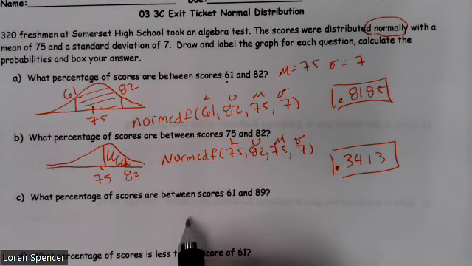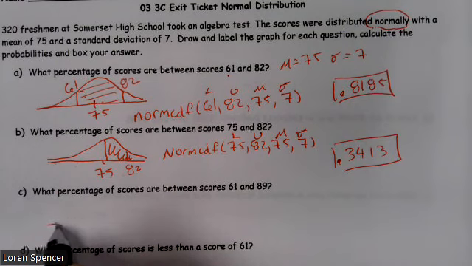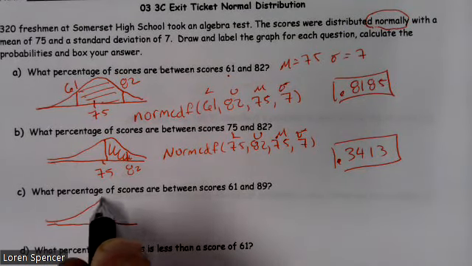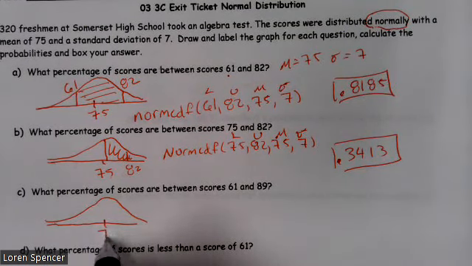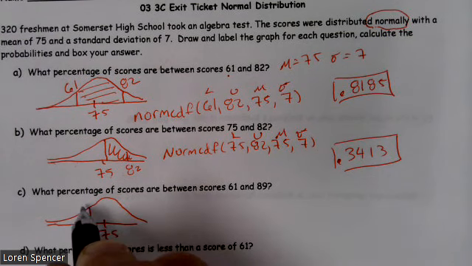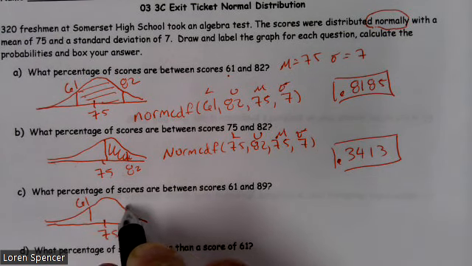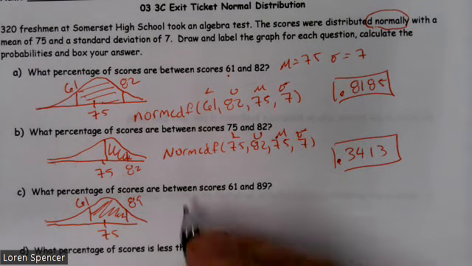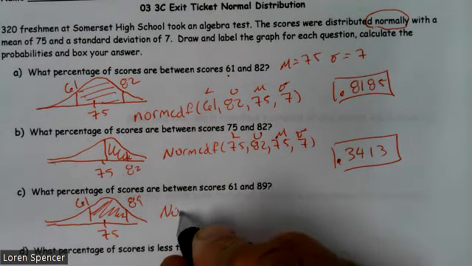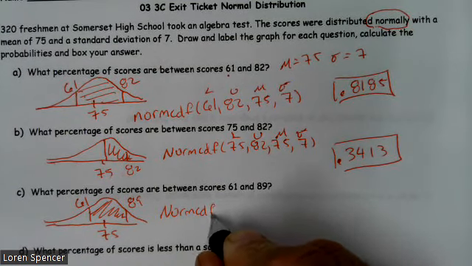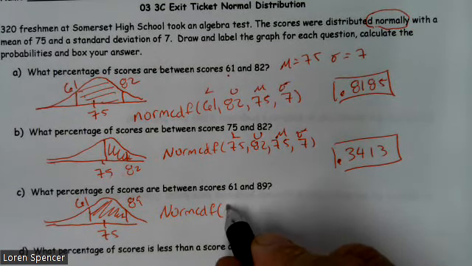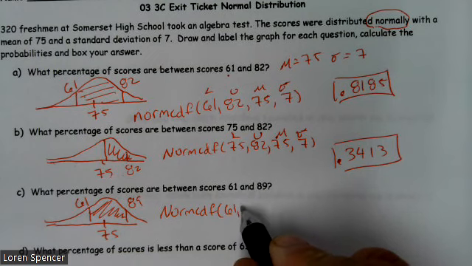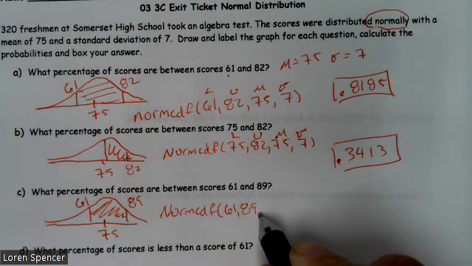All right. What percentage of the scores are between 61 and 89? So 75. Well, 61 is below, 89 is above. And so we have a normCDF. Our lower part of our shading was 61. Our upper part of our shading was 89.